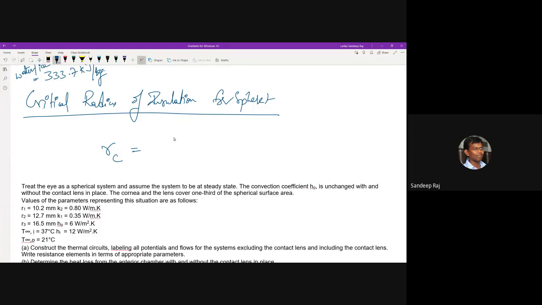K by H. K by H for a cylinder, but for a sphere it is 2K by H. Okay, that is the only thing. So keep this in your mind clearly.